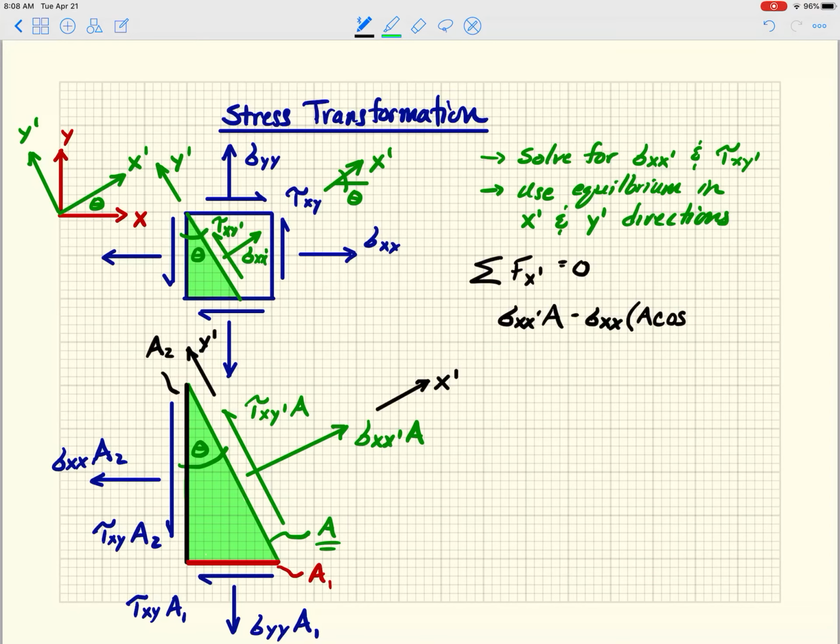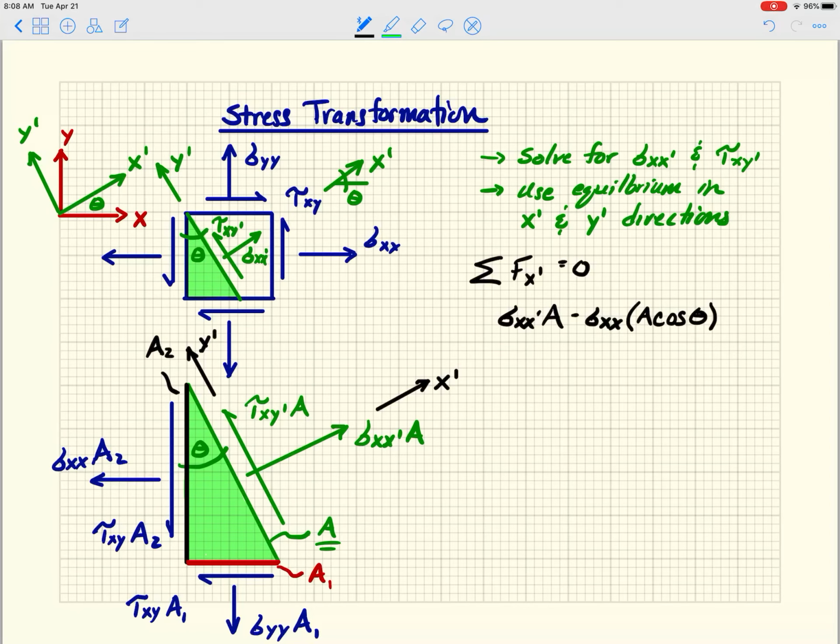Then its area is actually A times cosine theta. How do I know that? Well, look at where theta is. Cosine is adjacent over hypotenuse, so that would be A2 divided by A. If I multiply A2 divided by A, I just get A2.